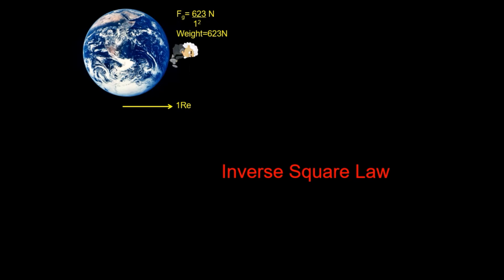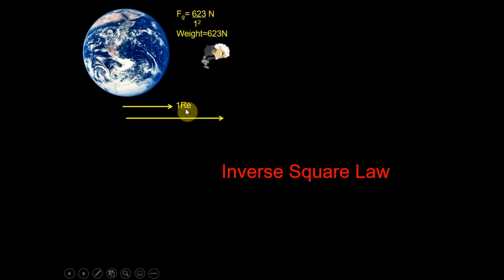So here we're literally talking about his weight as a force, F equals ma, or F equals mg. So his weight is going to be quoted in newtons here as an actual force. So the force of gravity acting on Newton, not to scale of course, because Newton here would be more than Godzilla sized, but the force of gravity acting on Newton here is 623 newtons over 1 squared, as he's sitting at the radius of the Earth, 1 RE in our abbreviation.